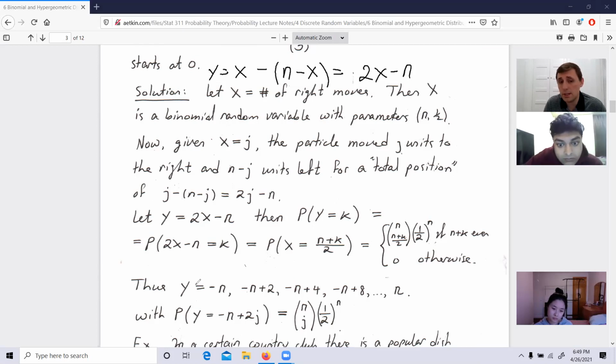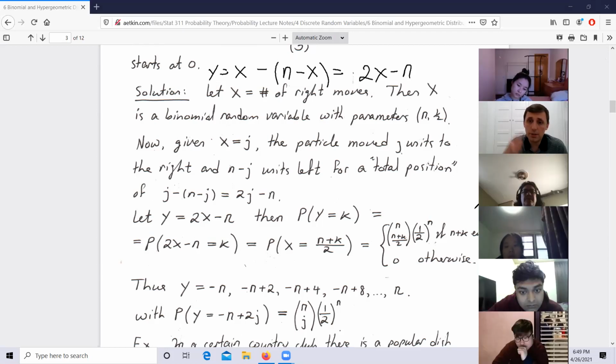So the possibilities for Y are: it's equal to minus n, then minus n plus 2, then minus n plus 4, and so on and so forth, right? Because, look at it, just shift the X. What are the possibilities? X is 0, it's minus n. X is 1, it's 2 minus n. X is 2, it's 4 minus n. So you can see those are the positions available for me.